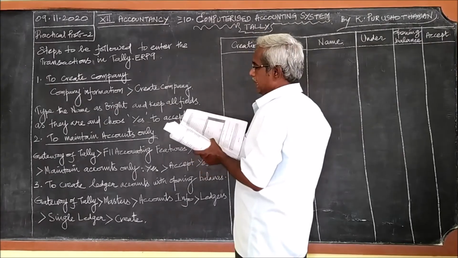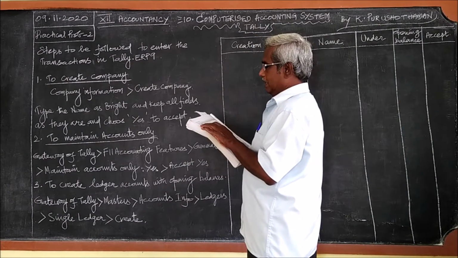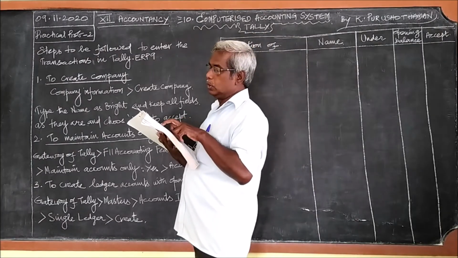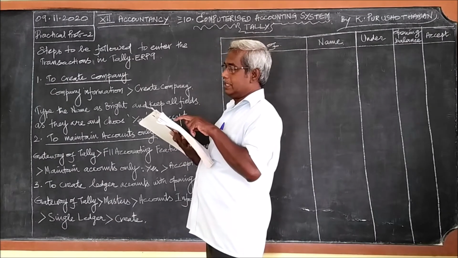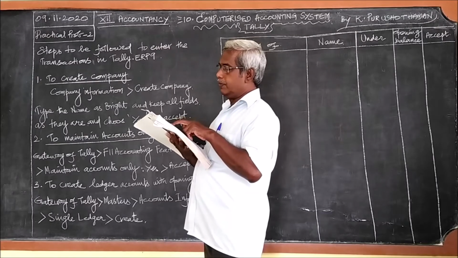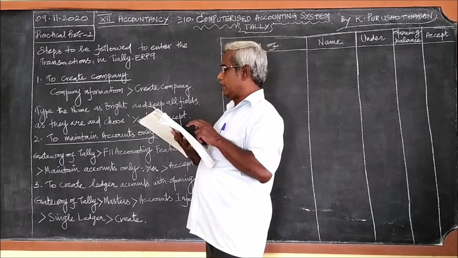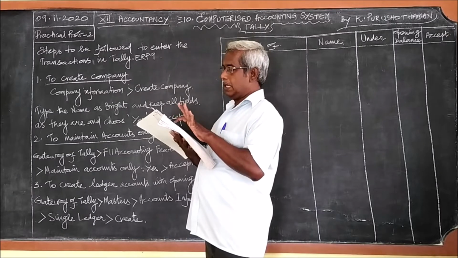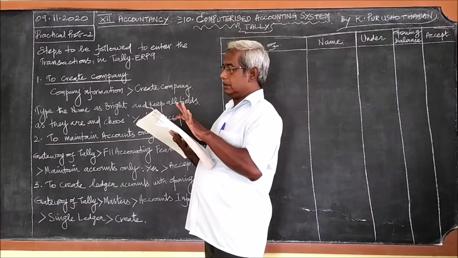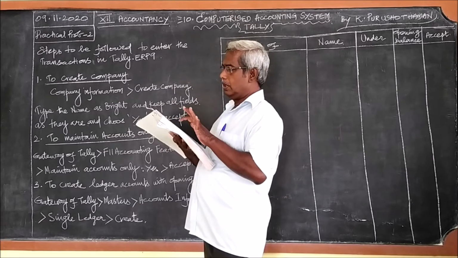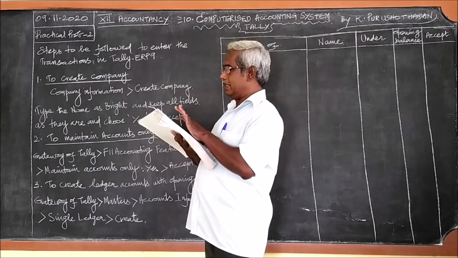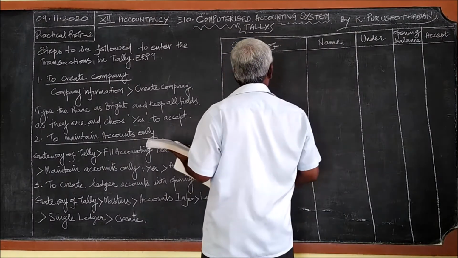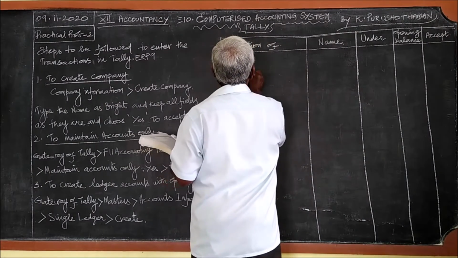And this is prepared from the information available in the balance sheet. On the liability side there are 2 items, and on the asset side 3 plus 2 is 5, 5 plus 2 is 7. Therefore, totally 2 plus 3 is 5, 5 plus 3 is 8. We need 8 columns to be opened here. So we can open 8 columns here.